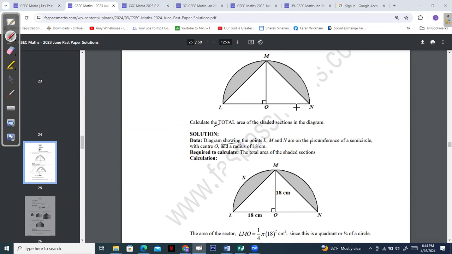So look at the next part now. Find shaded area. So we know already what's gotta happen. We know we gotta find the area of the overall semicircle. Agreed? And then we know we gotta find the area of this part, the white part.